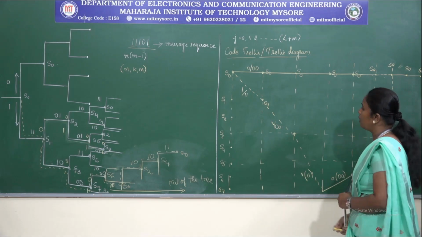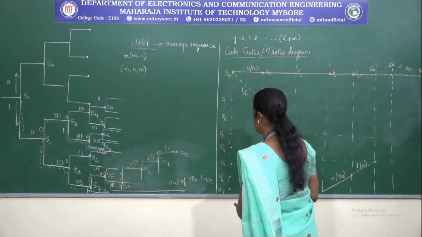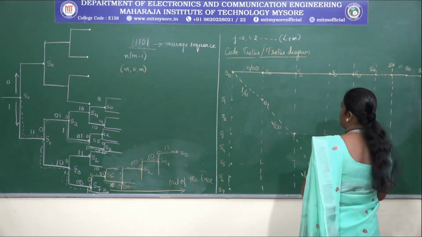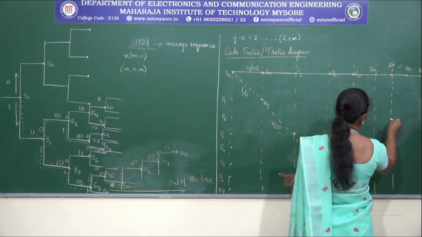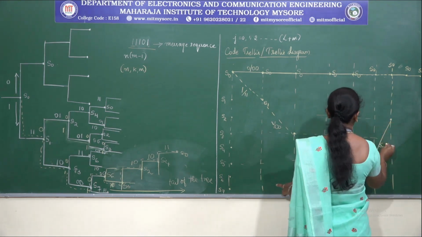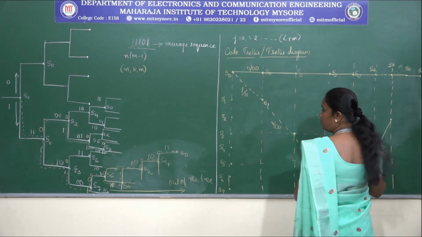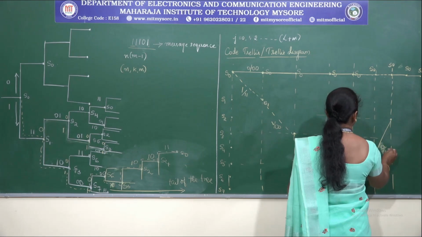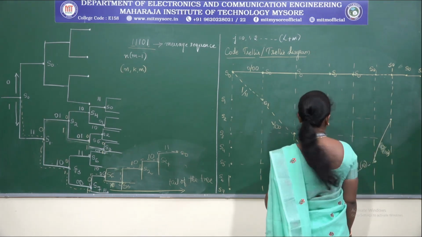Okay. So now after that we have 3 extensions, that is from S5 it reaches S2. So this is S2 with input 0. With input 0 the output is 1 0. Next, from S2 it reaches S4.